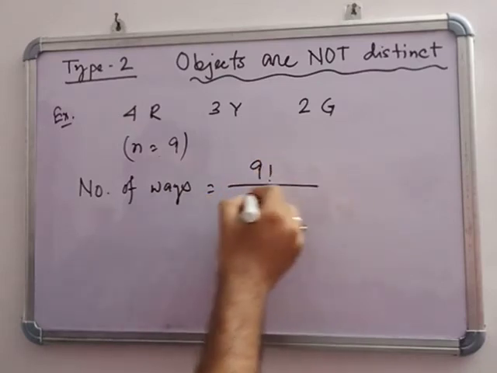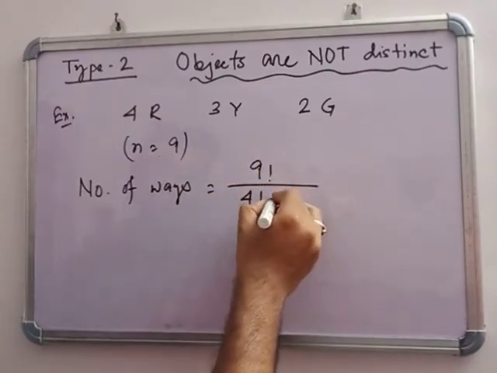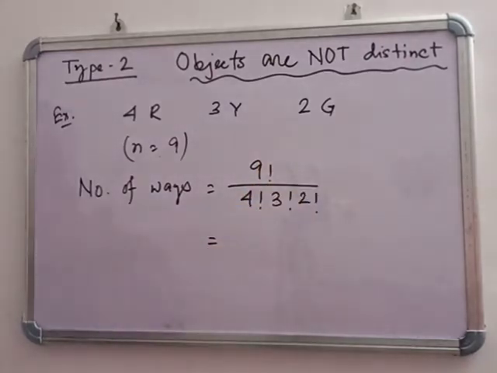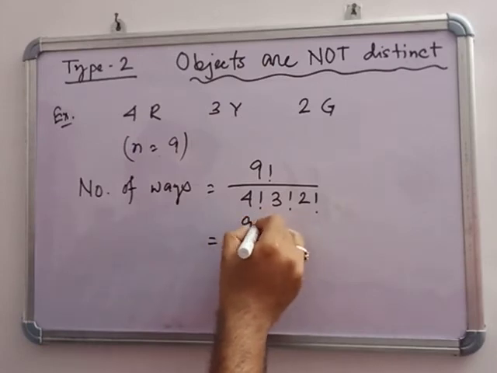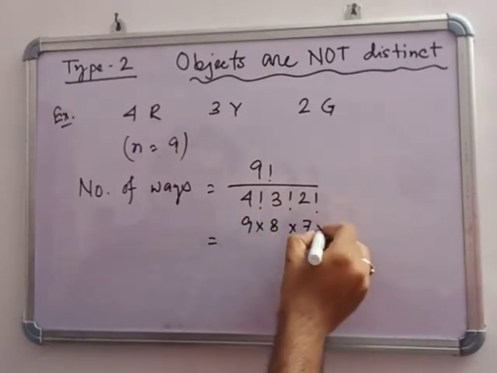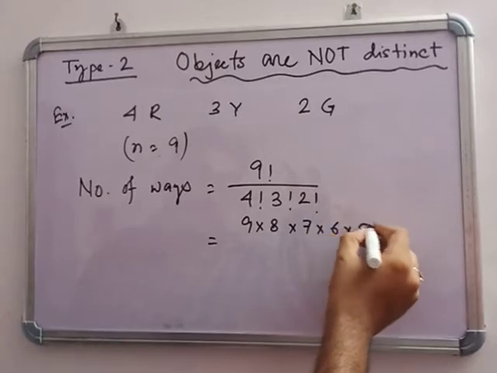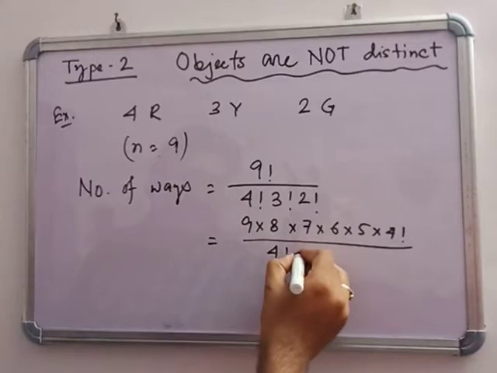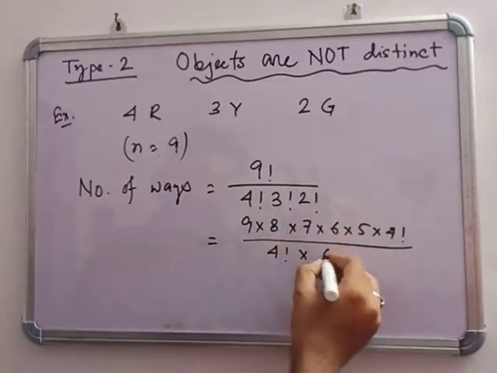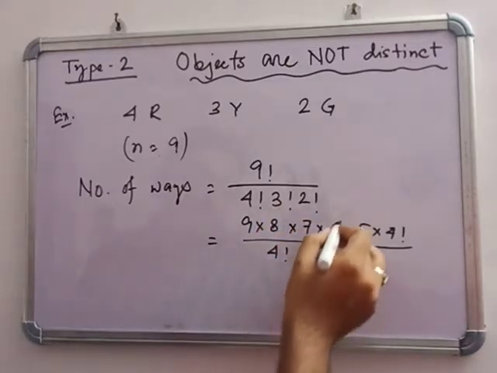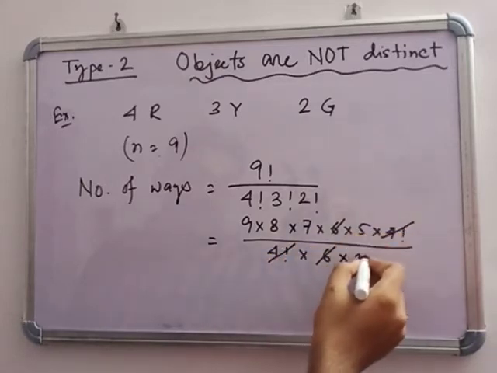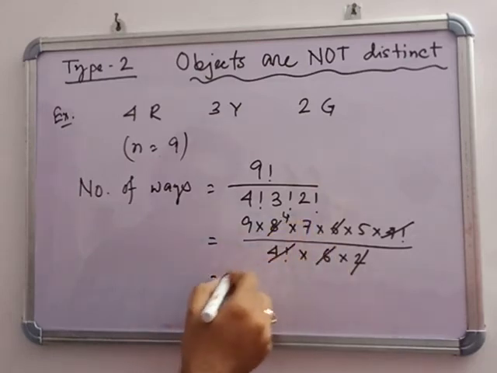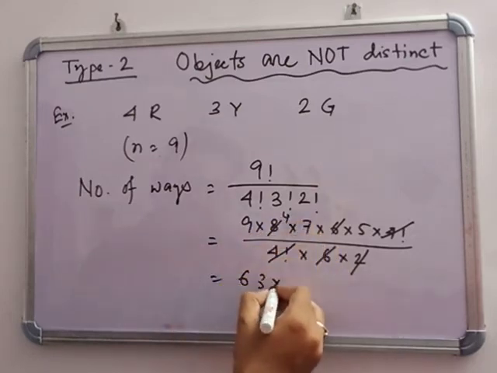So the number of ways is 9 factorial divided by 4 factorial, 3 factorial, 2 factorial. We calculate: 9 into 8 into 7 into 6 into 5 into 4 factorial, divided by 4 factorial into 3 factorial, which is 6, and 2 factorial, which is 2. The 4 factorial cancels, and the 6 cancels, leaving 63 into 20.